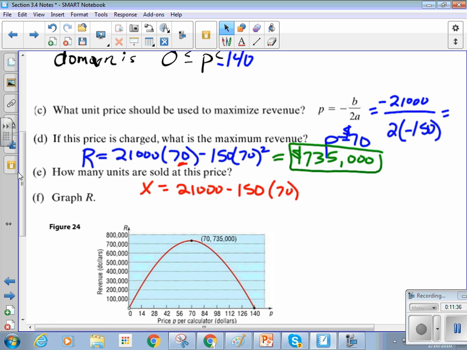So I'm going to calculate this out. 21,000 minus 150 times 70 equals, I get 10,500. And let's go ahead and label that as calculators.